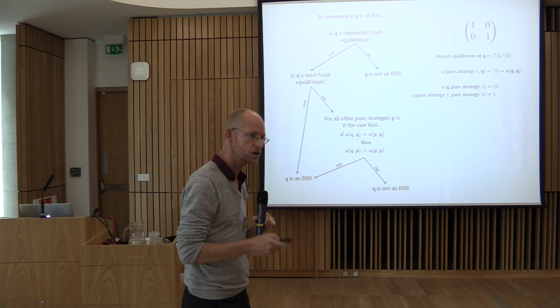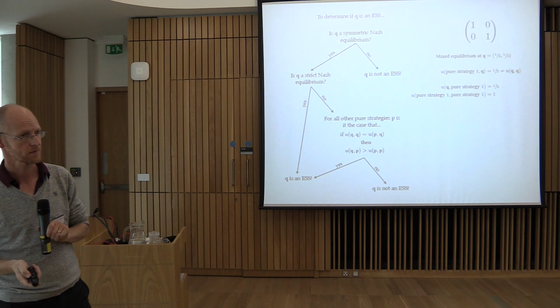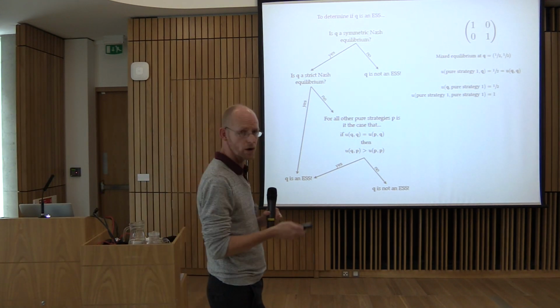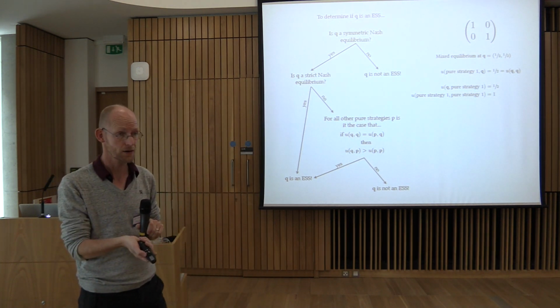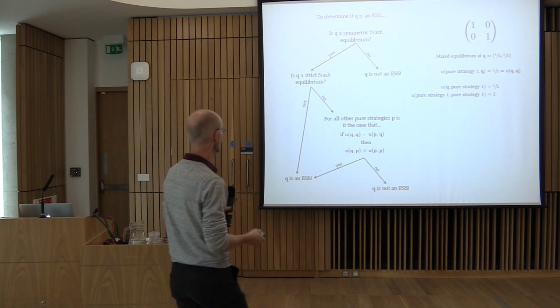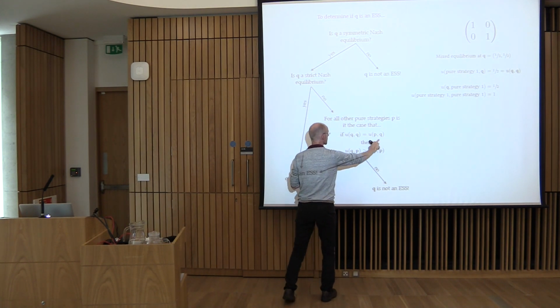But now suppose that you're in a population where everybody mixes, right? It plays half-half. Then what would you do? Well, it doesn't matter, right? You might as well always play the first action. So it's not a strict equilibrium.